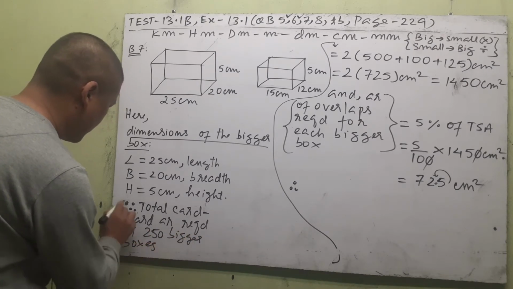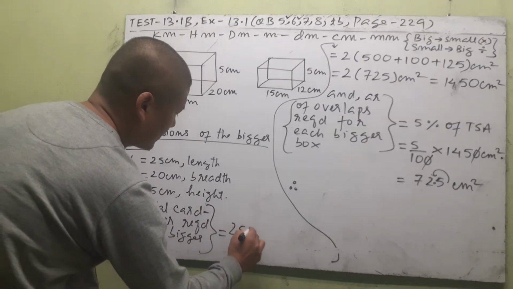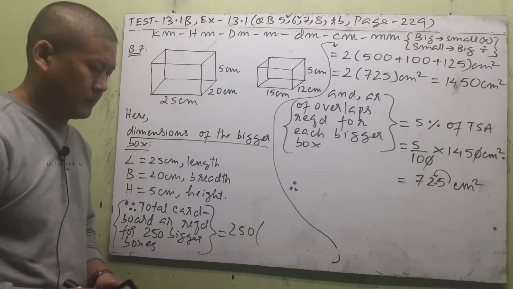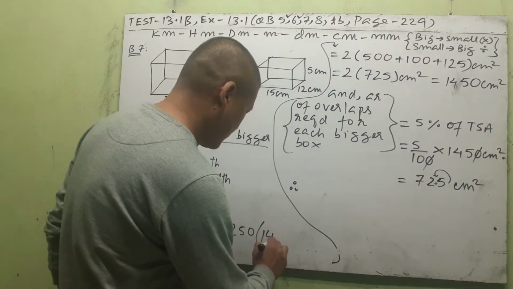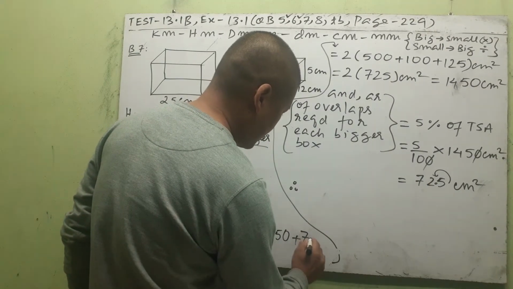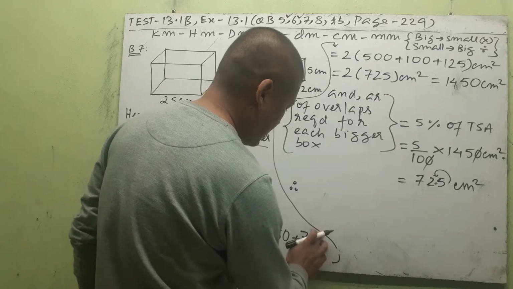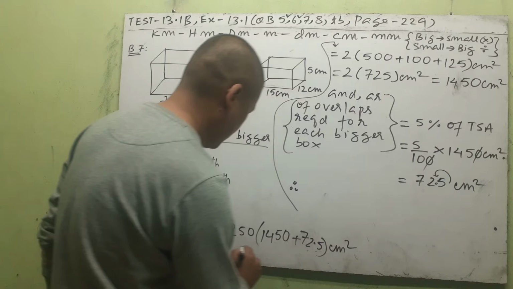For one box we have found out, for 250, that means 250 multiplied to total surface area of each bigger box 1450 plus the overlap area 72.5, and then we can write here centimeter square, right?